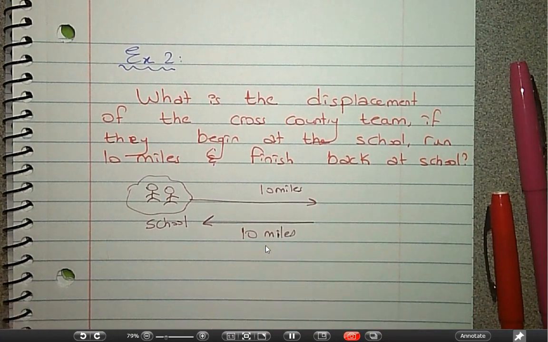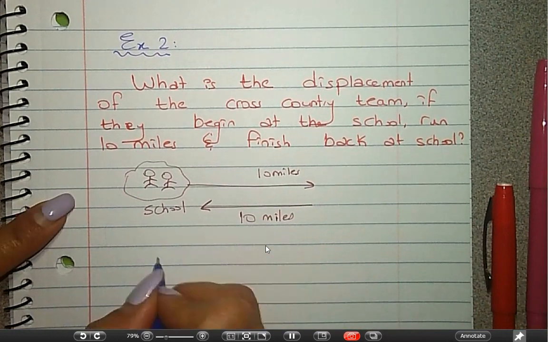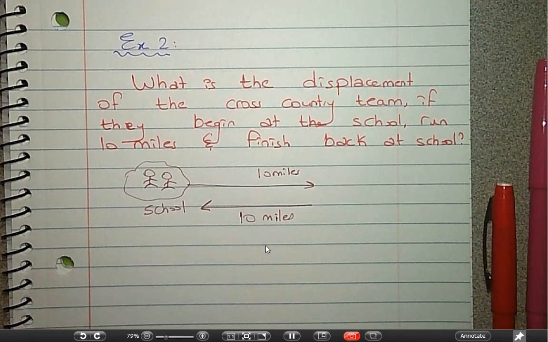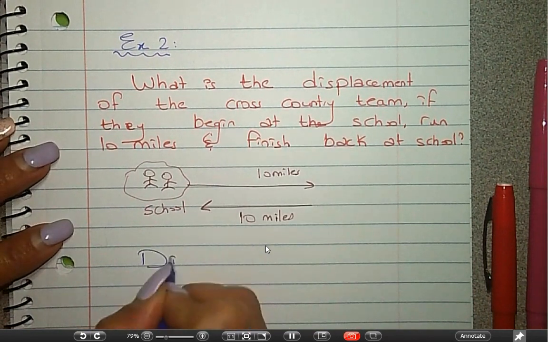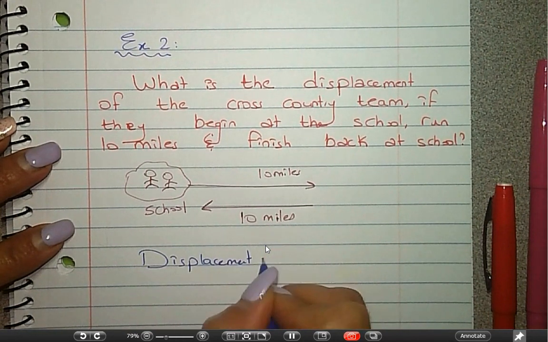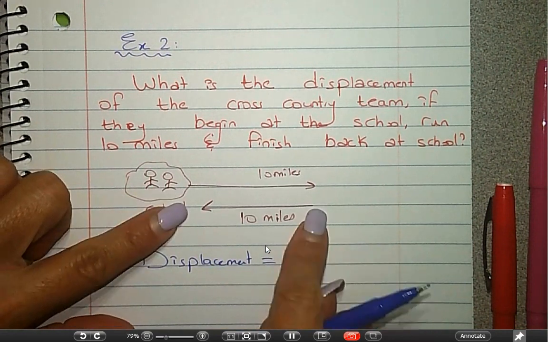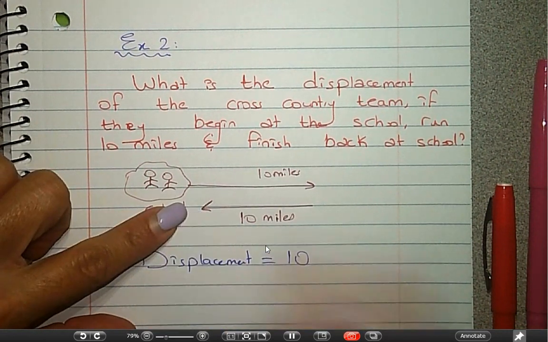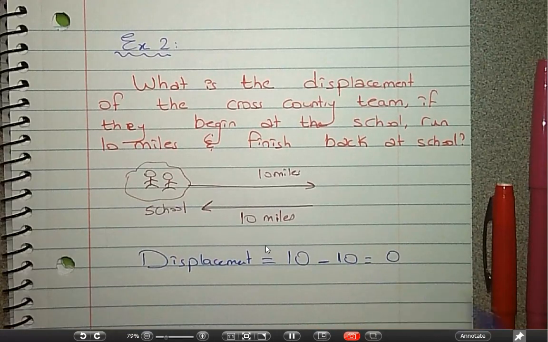So in other words, it was a round trip, right? Okay. So when they went, what is the displacement? Now I know I'm going to have a displacement. The question is about displacement. It is 10 miles, and that's going back in the opposite direction, which would be minus 10, which is 0.